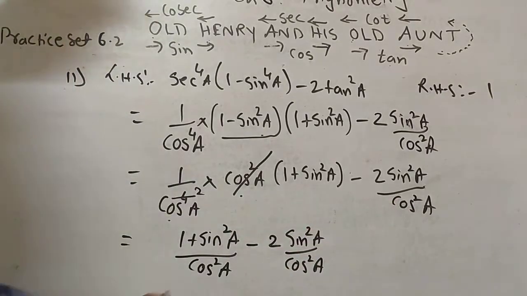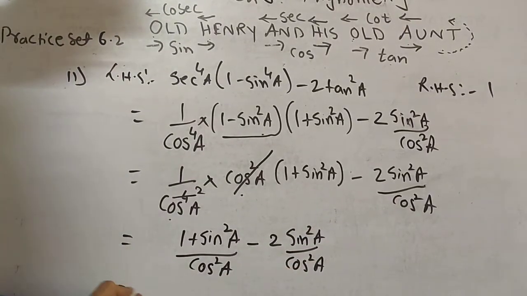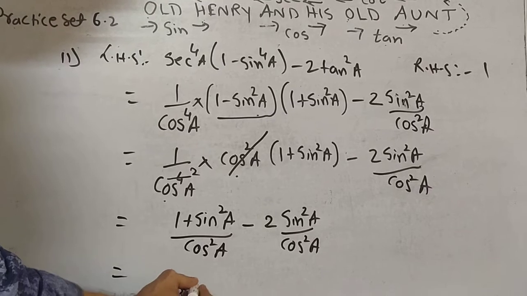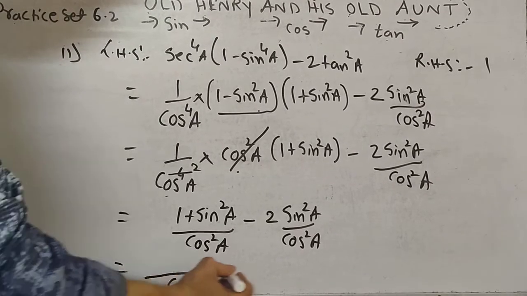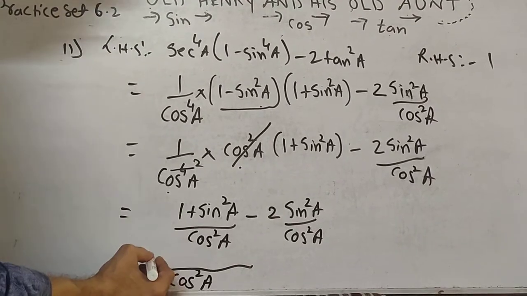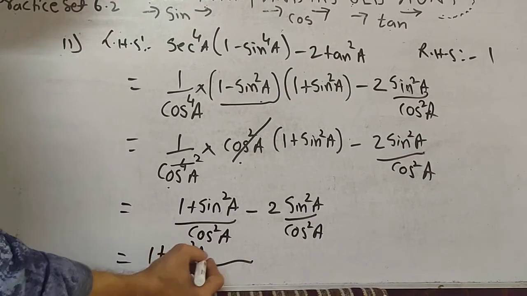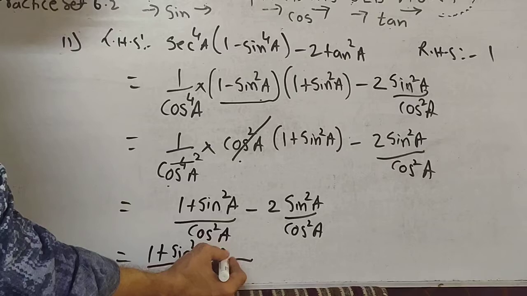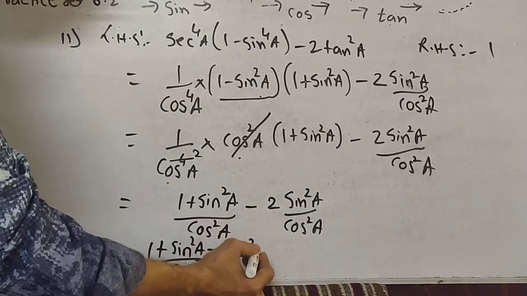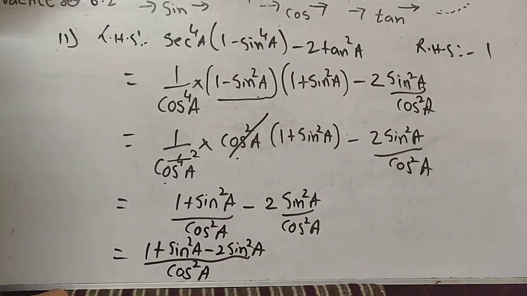Now you can see the denominator is the same, so I am writing the same denominator cos square a. What will come here is 1 plus sin square a minus 2 sin square a.